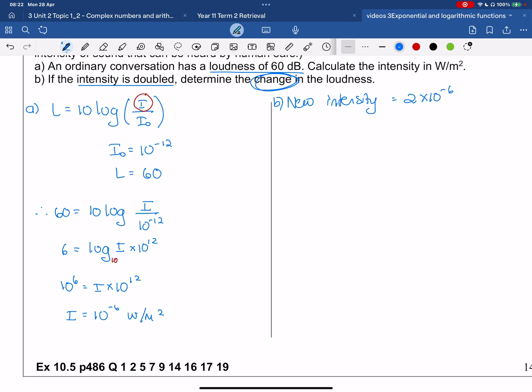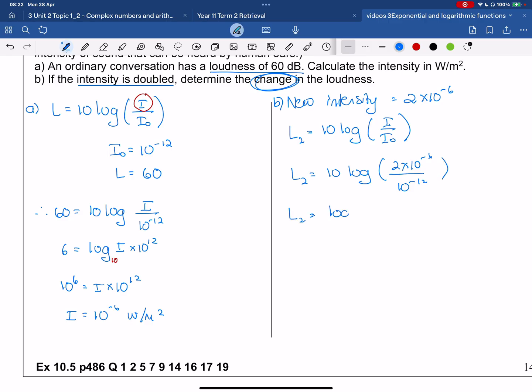And they've now told me my new loudness is going to be, well, my formula is still the same, I over I0. I0 doesn't change, that was my base. So L2 is 10 log 2 times 10 to the negative 6 over 10 to the negative 12.